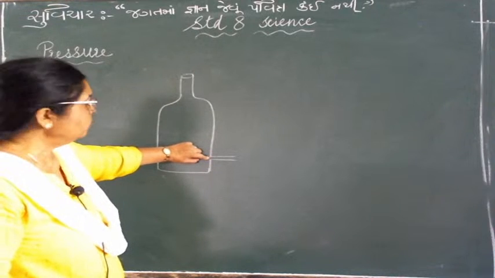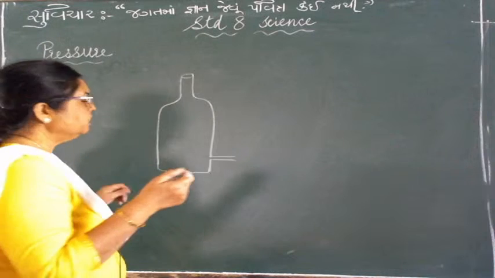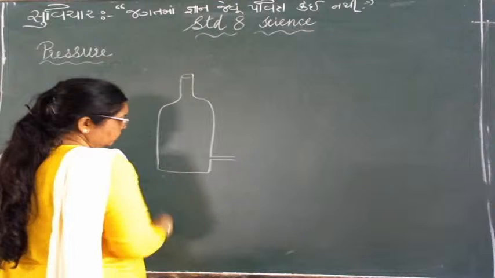How to make a hole? Take something of metal, heat it and put it inside and you will get a hole.